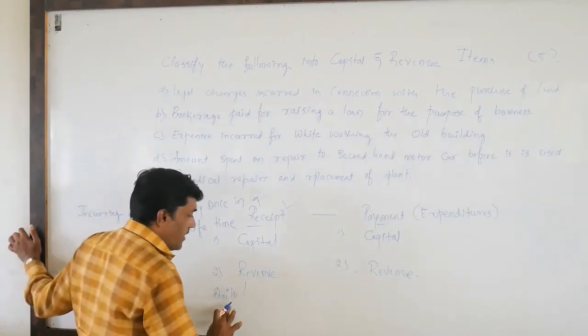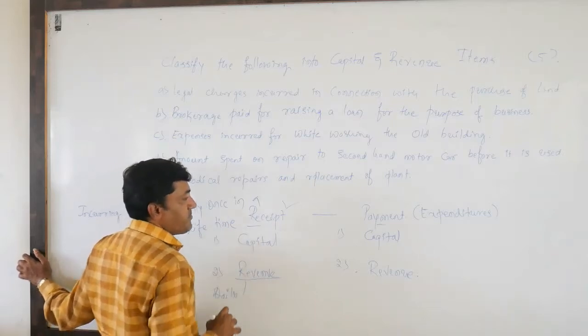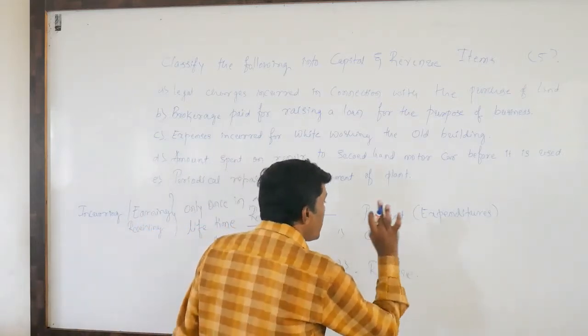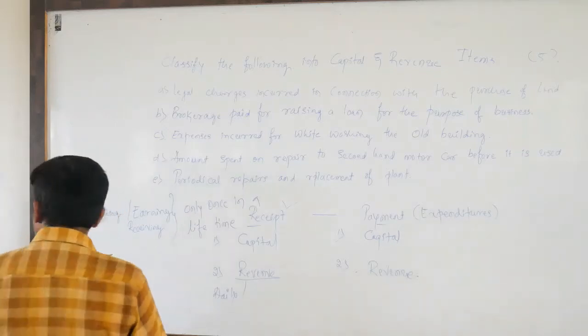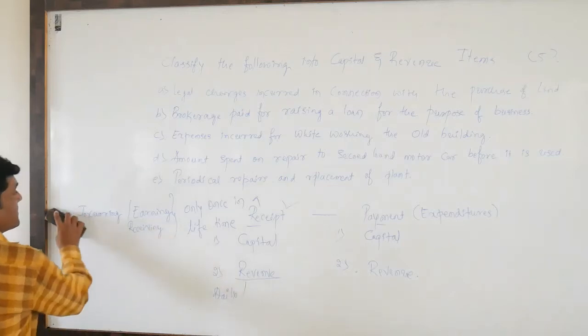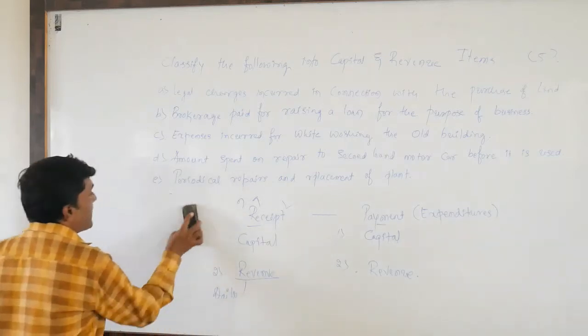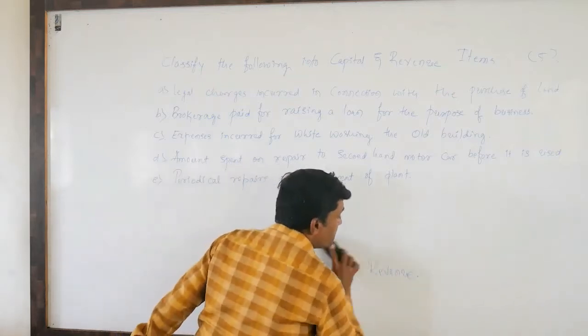Like this, a periodical receipt is called a revenue receipt. A periodical payment is called a revenue payment. So under this principle, dear students, here the big question, that is for 5 marks under practical oriented assignment, comes under section E.